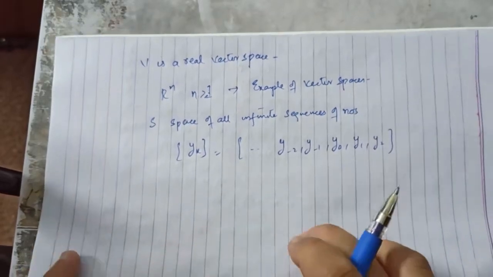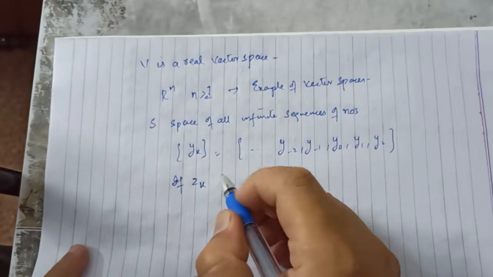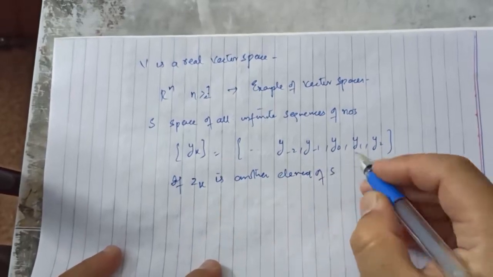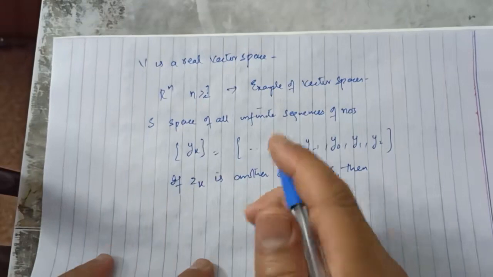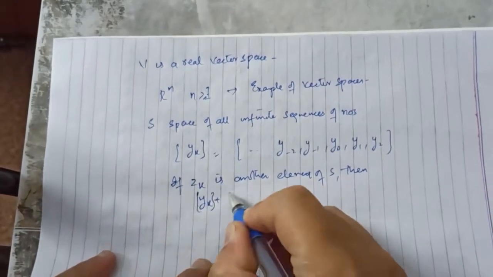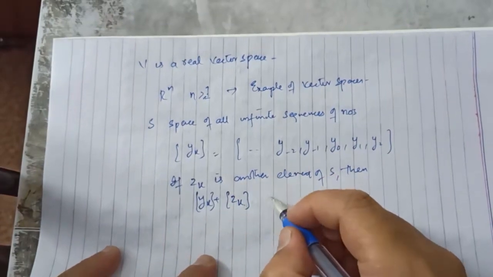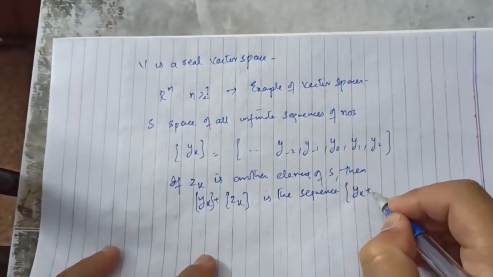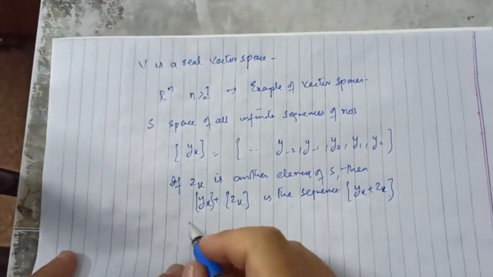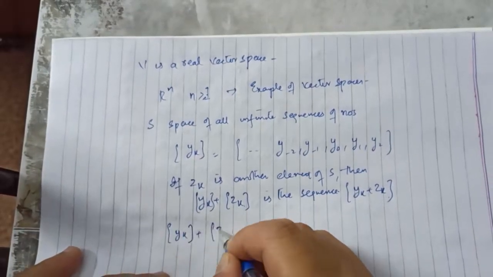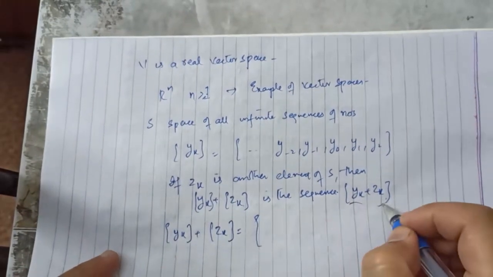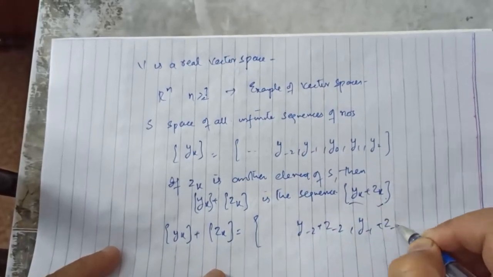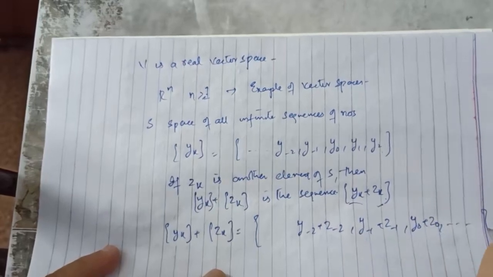If zk is another element of S, then from the axioms that we just studied, yk plus zk is the sequence y of minus 2 plus z of minus 2, y of minus 1 plus z of minus 1, y of 0 plus z of 0, and so on and so forth.